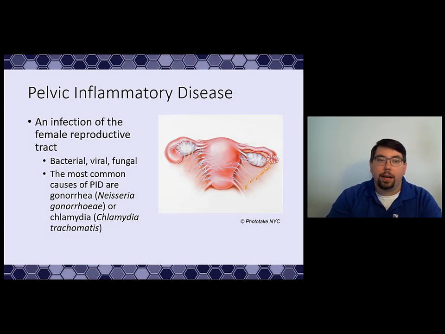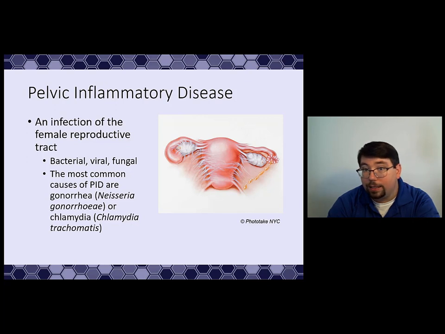When we think about pelvic inflammatory disease, this is where the patient has had an infection of the female reproductive organs. This can be caused by bacteria, viruses, or fungi. The most common causes of PID are sexually transmitted infections, including things like gonorrhea, chlamydia, things of that nature.